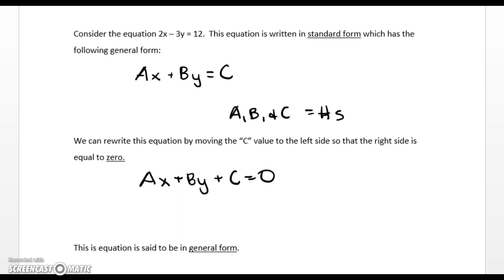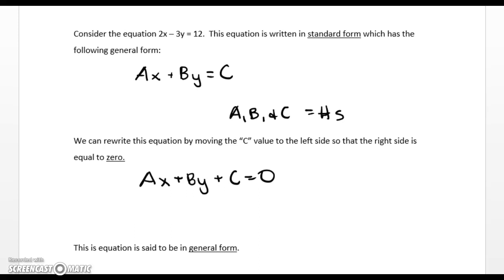What's really important here is that our c value is moved to the left side, so our equation is equal to 0. Okay, so that is your general form. Standard form and general form are almost identical, but standard form has a number that your equation is equal to, while in general form, all of your numbers are pushed to one side, and so that equation should be equal to 0.